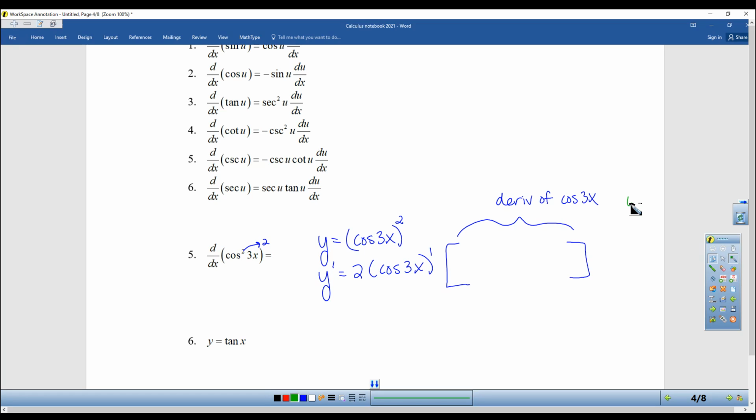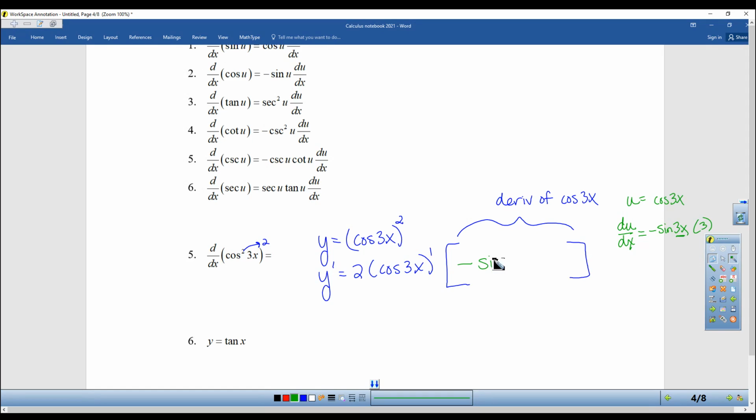They need to actually call it u, just like it is in the original rules up there. u is equal to cosine of 3x. So du/dx, the derivative of u with respect to x, is going to be negative sine of 3x times the derivative of the angle, 3.